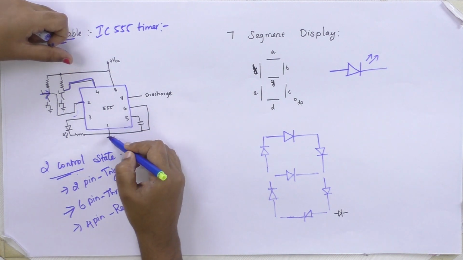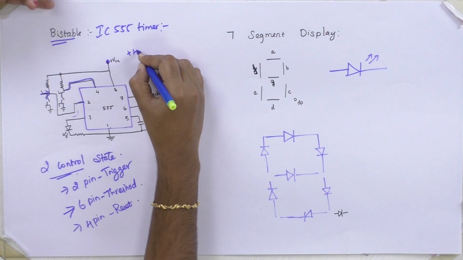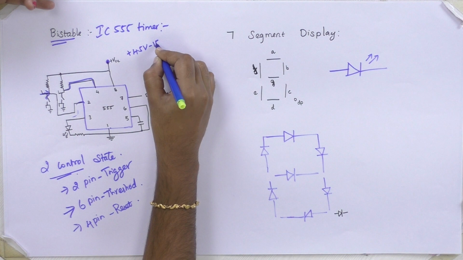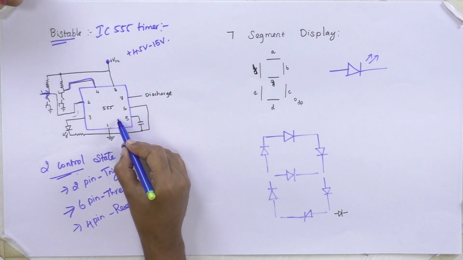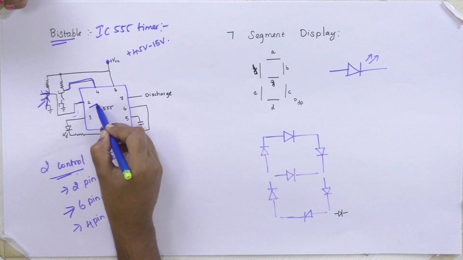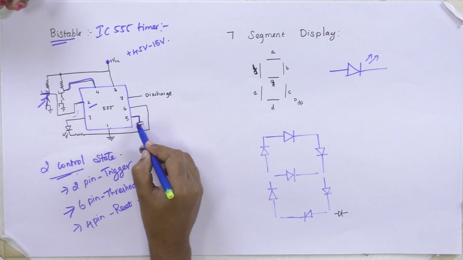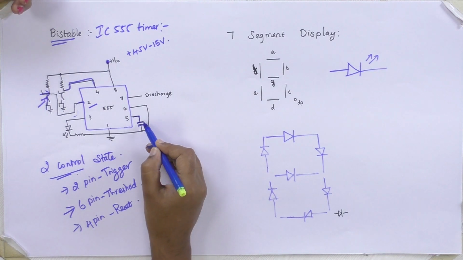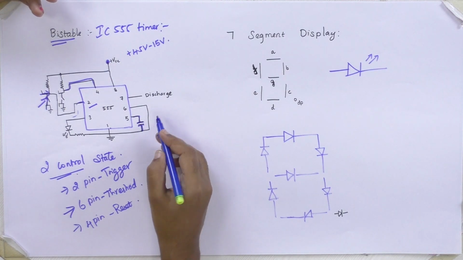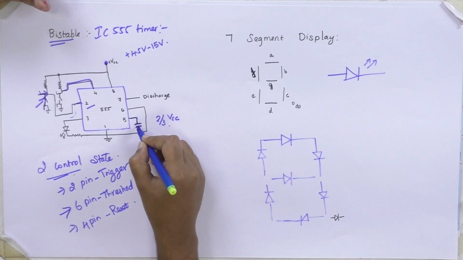Once you turn on the supply by supplying a positive voltage of 4.5 volt to 15 volt, your timer will be turned on. Once you give a high pulse to the trigger pin, it will turn on the circuit and the capacitor starts charging, and once it reaches greater than 2/3 VCC, it should discharge.